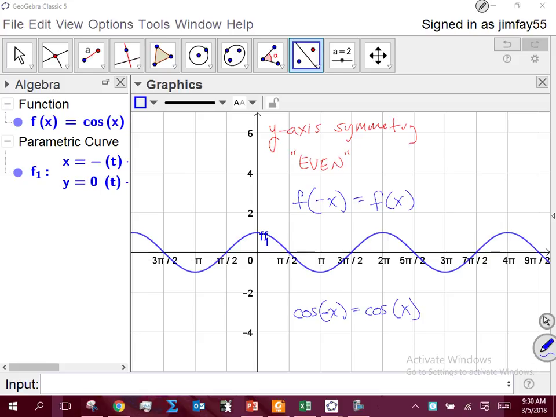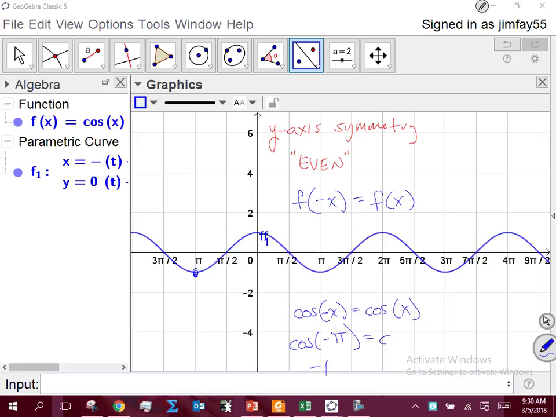Okay? Meaning that if I was interested in what the cosine of negative pi was, well, that's that y value right there, right? That's essentially what we're asking. What is the y value for negative pi on this curve? We know it's negative 1, right?